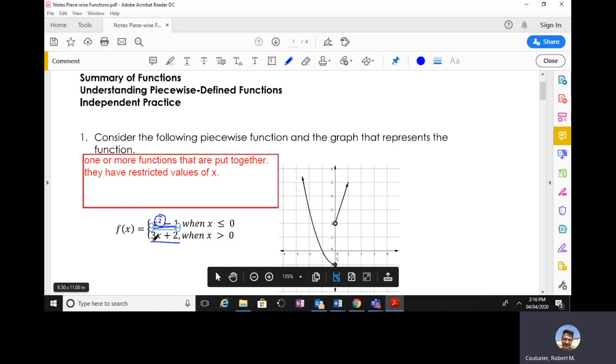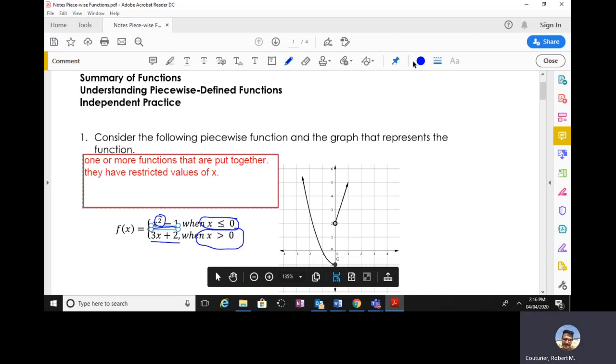It looks like y equals mx plus b, where m is your slope and b is your y-intercept. But notice they've added something to it. So this quadratic is only valid when x is less than or equal to 0. And this linear function is only valid when x is greater than 0.